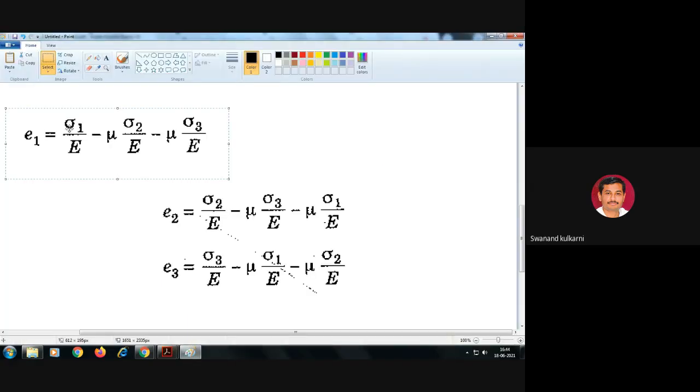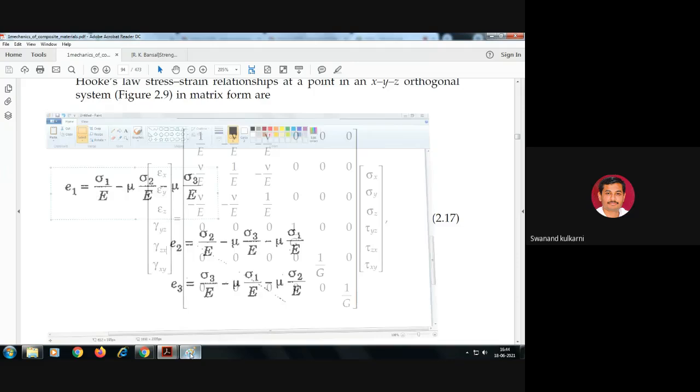Here sigma x, sigma y, sigma z are the stresses, and 1 upon E and minus mu upon E are going to remain as material properties.